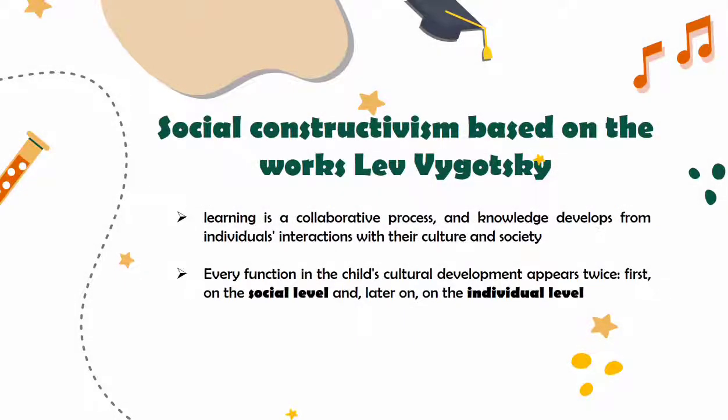And letter B, according to social constructivism, learning is a collaborative process and knowledge develops from individuals' interaction with their culture and society. Social constructivism was developed by Lev Vygotsky, who suggested that every function in the child's cultural development appears twice, first on the social level and later on the individual level.